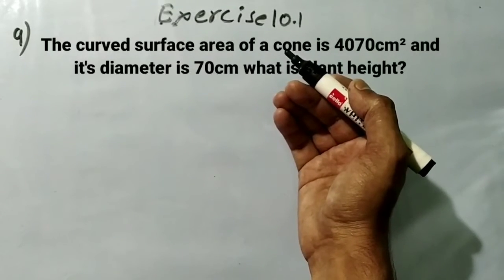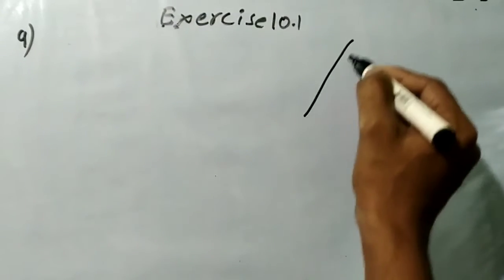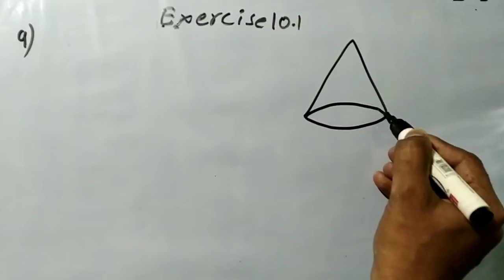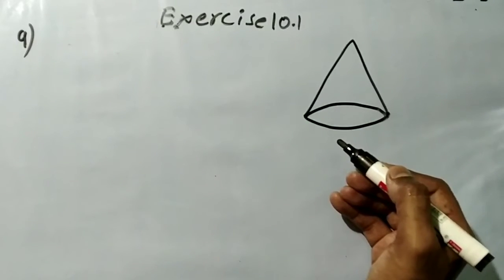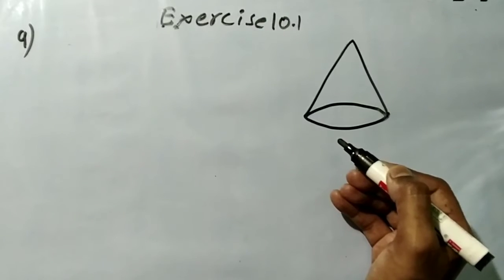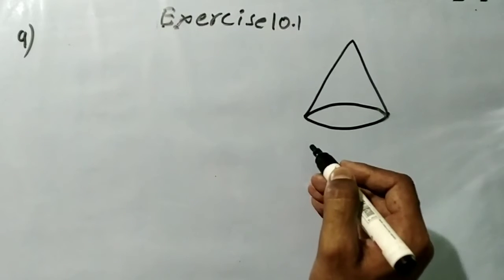Here they have given the curved surface area of a cone. Till now we have found the curved surface area with the given data of diameter and height, but now the question is a little different: they have given the curved surface area and we have to find the slant height.